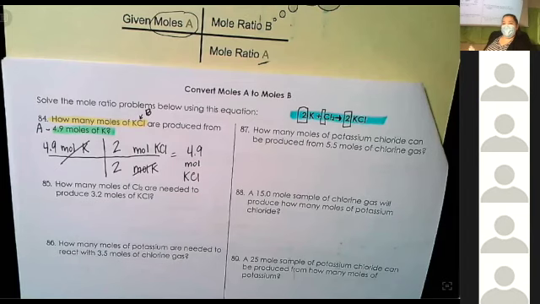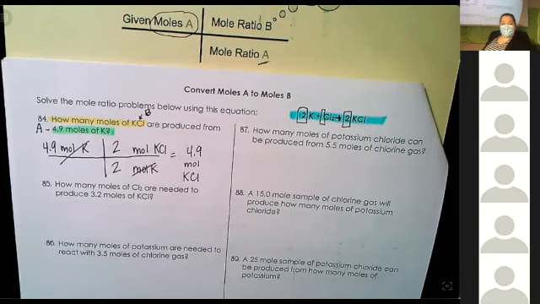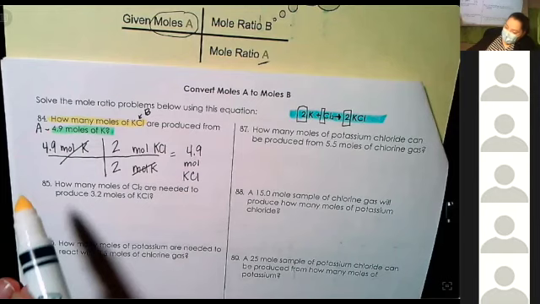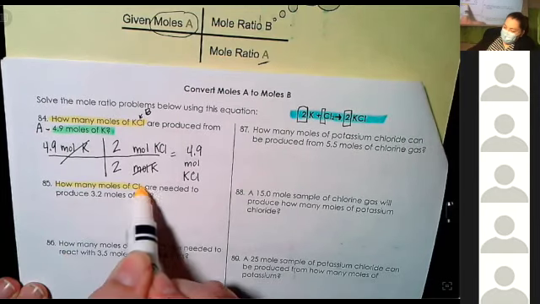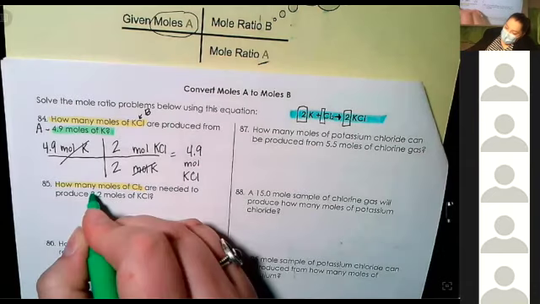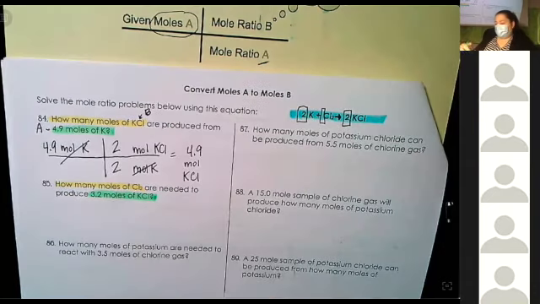Only this time, instead of using the 6.02 or the molar mass, we're using just whatever the equation gives us. Let's do one more together, and then I'm going to have you do a couple on your own. So this one right here, how many moles of Cl2 are needed to produce 3.2 moles of KCl?